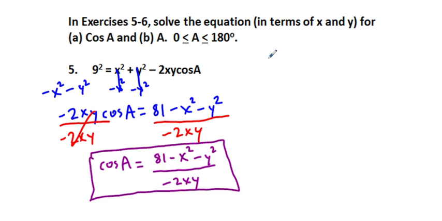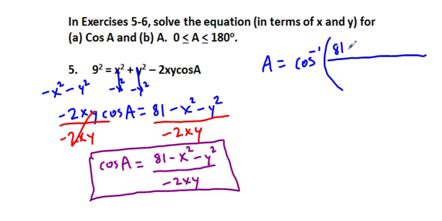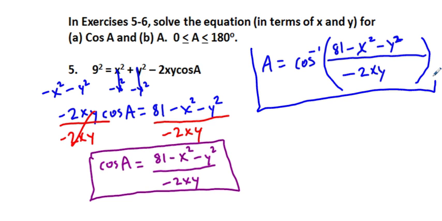We end up with A by itself, because the inverse cosine of cosine A is going to be equal to cosine negative 1 of this whole fraction here, 81 minus x squared minus y squared, that's y squared, over negative 2xy. And so this is our answer, boxed in blue, to part B.